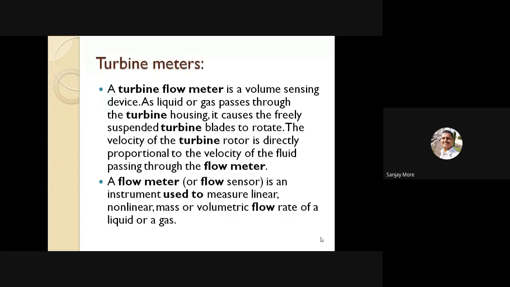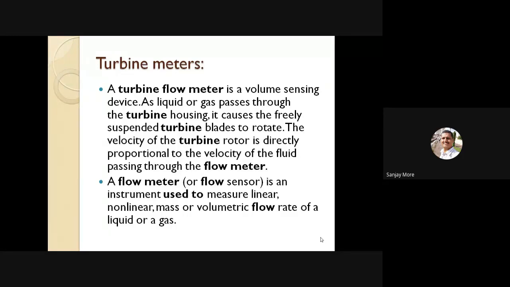As liquid or gas passes through the turbine housing, it causes the freely suspended turbine blades to rotate. The velocity of the turbine rotor is directly proportional to the velocity of fluid passing through the flow meter with the help of rotor blades.